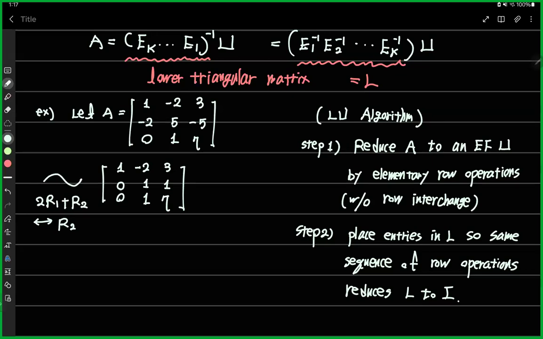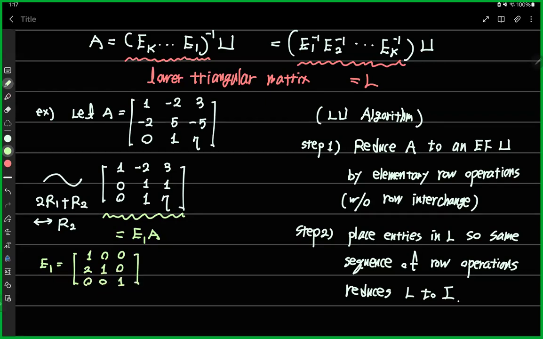Okay. So from here we got E1, right? This is equal to E1 times A, where E1 is 1, 0, 0, then 2, 1, 0, and then 0, 0, 1, right?